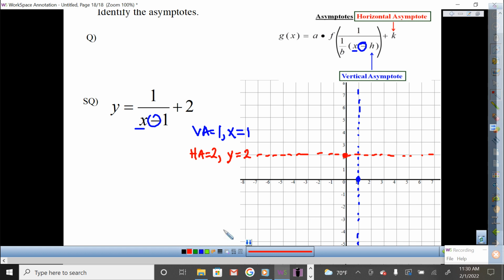All right, let's do another one. Example mega cube. Y equals 1 over x, careful with this one, plus 3 minus, give me a number, 2. There you go.